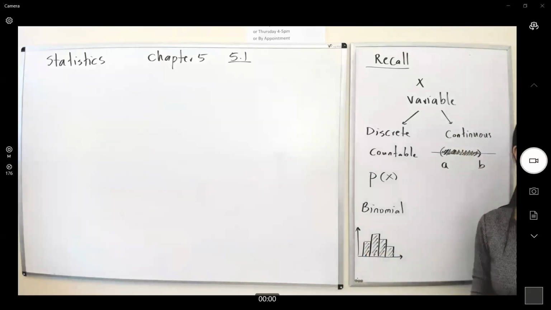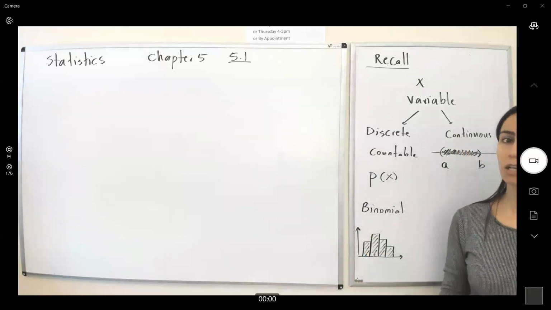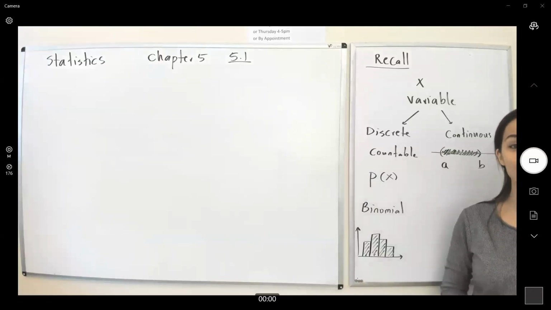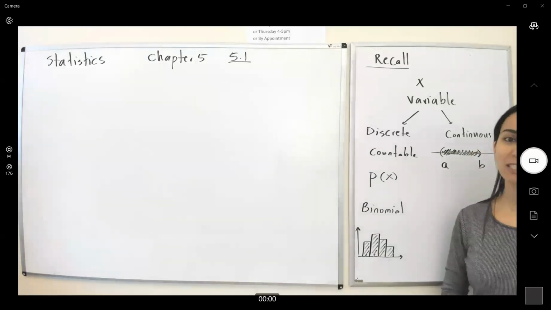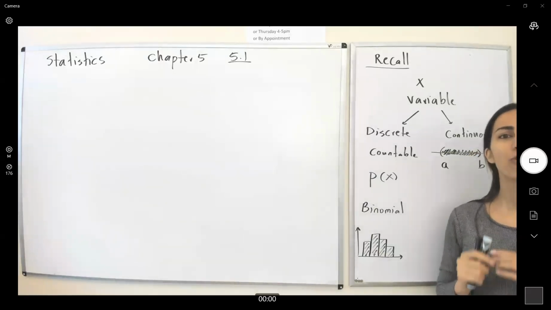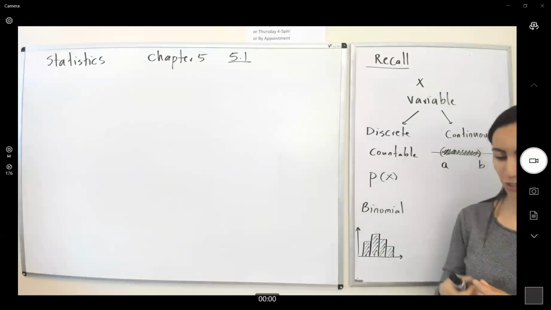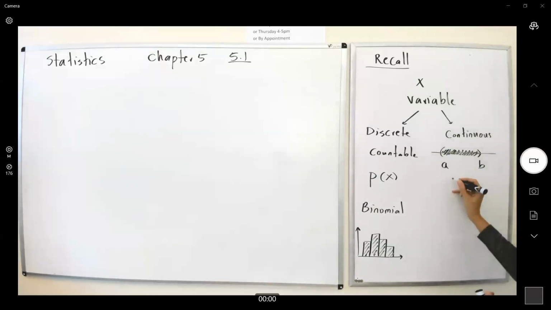So I expect you to ask, what if we have a continuous variable, like when we're talking about time or volume? So are we going to use the same function? Unfortunately not. We're going to introduce a new function for continuous random variable, especially for normal distributions. So we're going to use the same function, p of x notation.